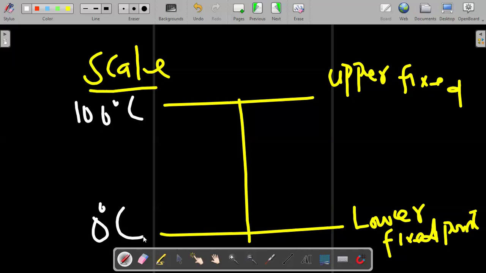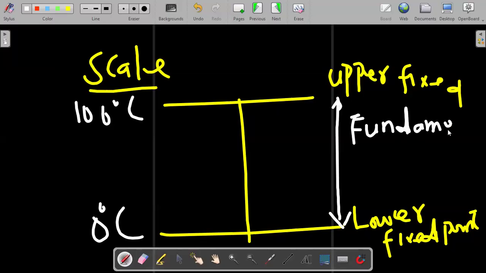Have you drawn it? Are you done with the diagram? Okay. The difference between these two points, we call it the fundamental interval.